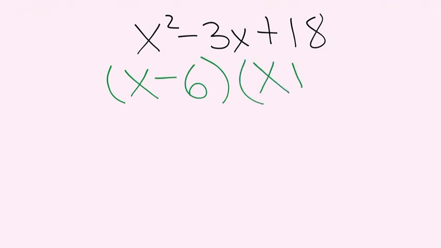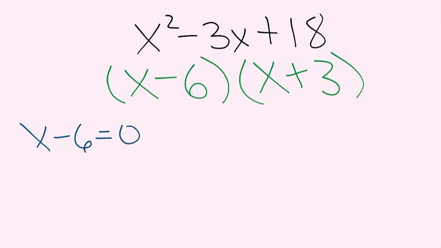And then we have to set them equal to 0. So that would mean x minus 6 equals 0. And then we have to add 6, which would mean x equals 6.